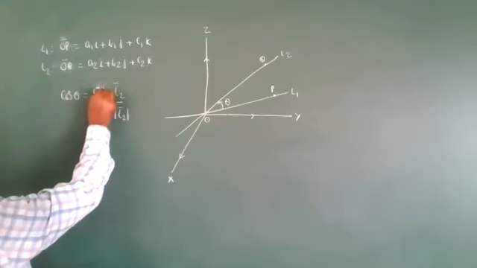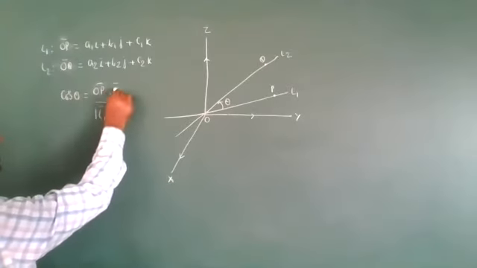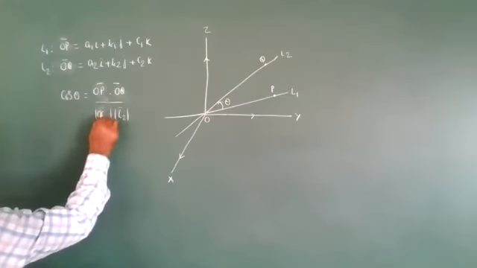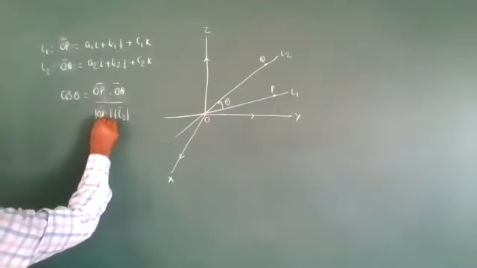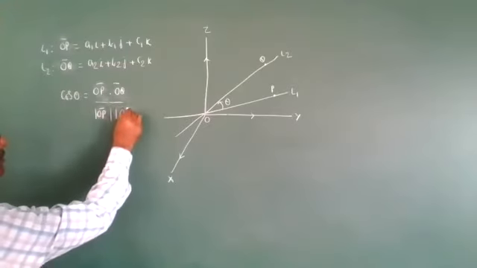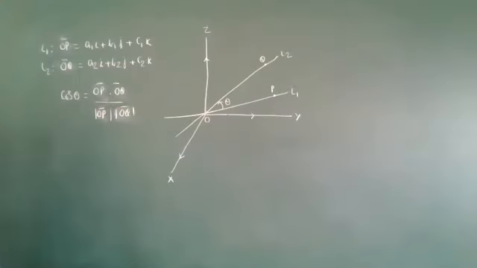The cos theta formula is A bar dot B bar by modulus of A bar into modulus of B bar. Right. So apply the dot product.